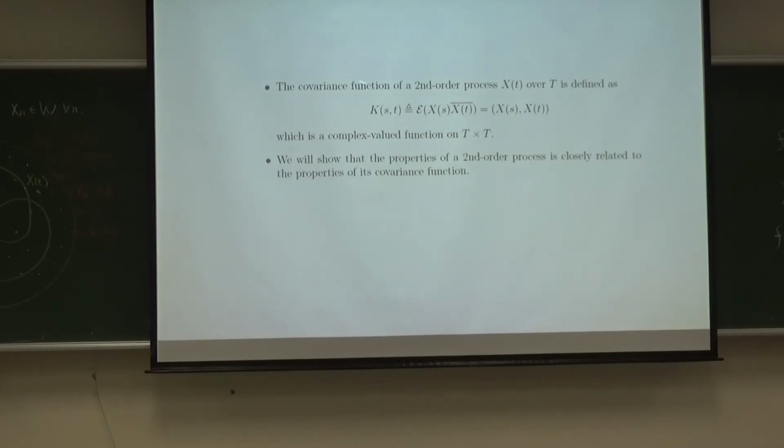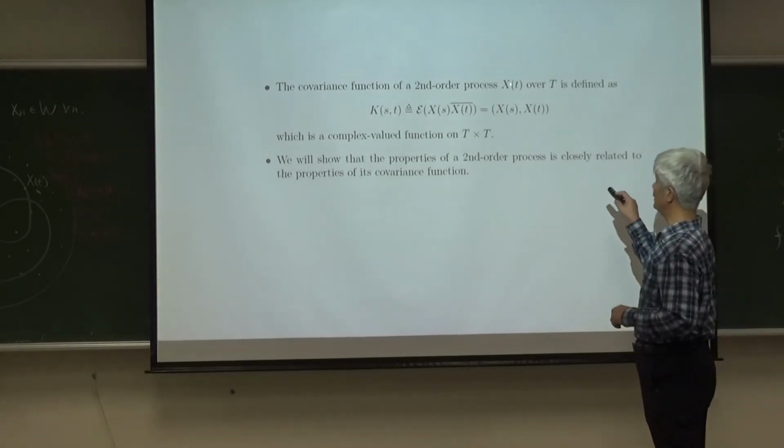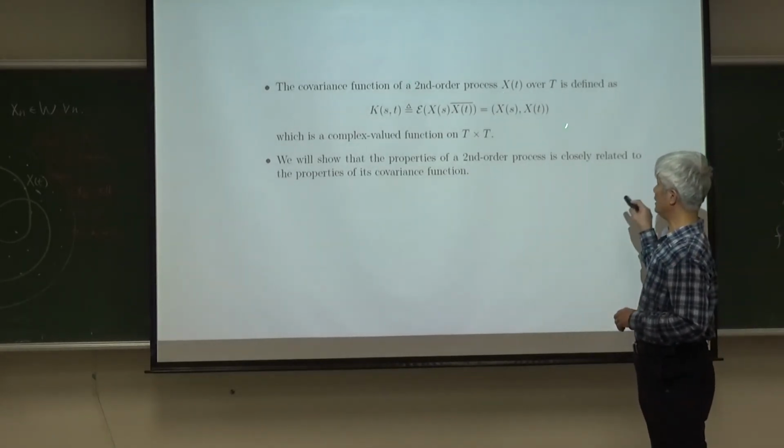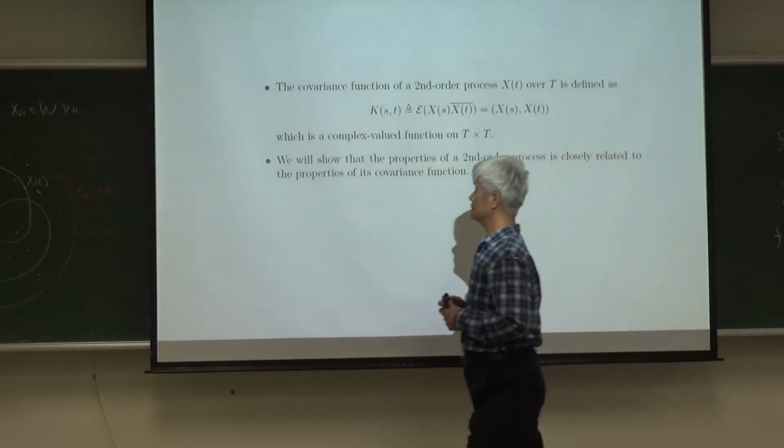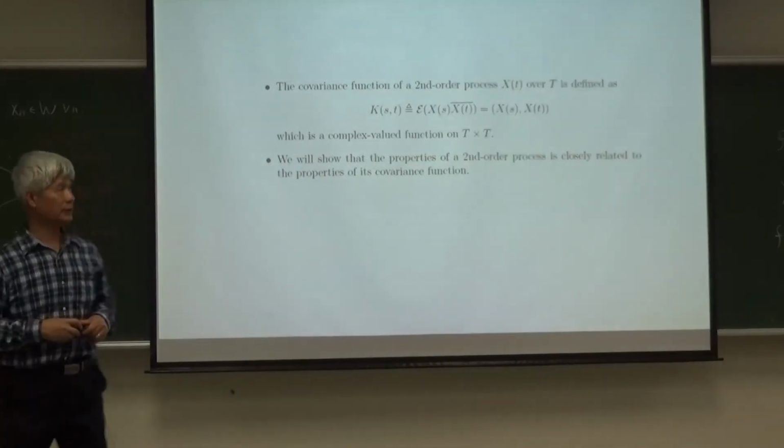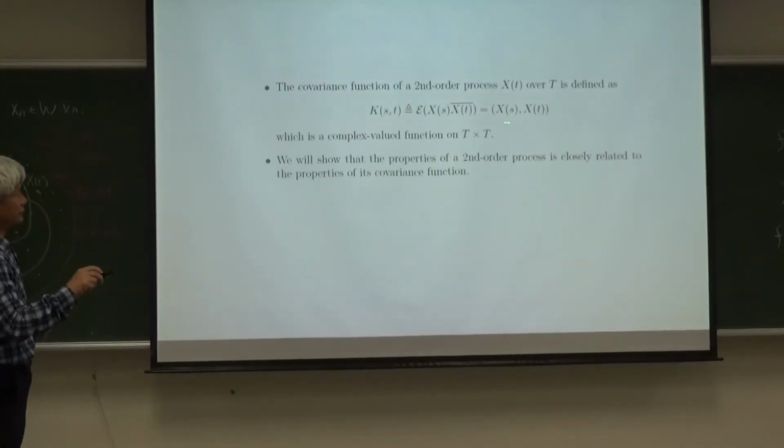And of course, the covariance function is a complex valued function on the Cartesian product of T and T. We will show that the properties of a second order process are closely related to the properties of its covariance function, as you can see from here, because all the geometry of the curve x(t) depends on the inner products of the vectors in the curve.